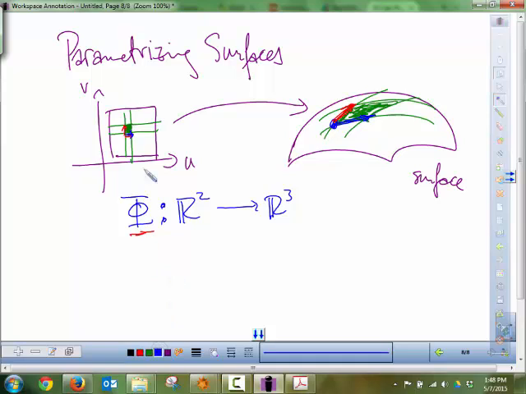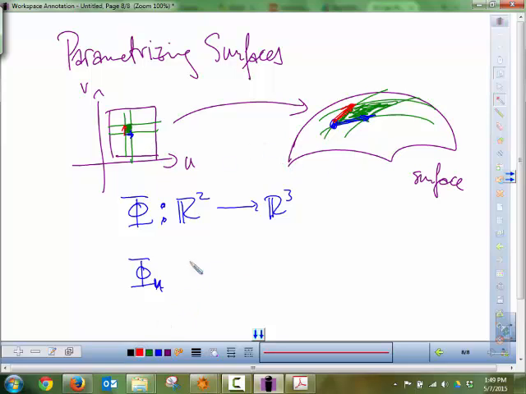Let me do the blue one first. That blue vector over here, when it gets mapped over here, it's actually coming from taking the derivative of this parameterization with respect to u. Now we have to do partial derivatives. It's not just r prime of t, right? X of t, y of t. Now we have to take a look at this in pieces.